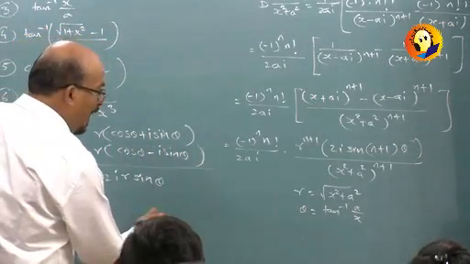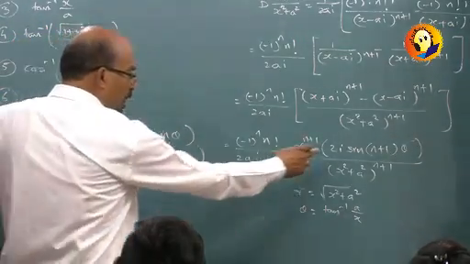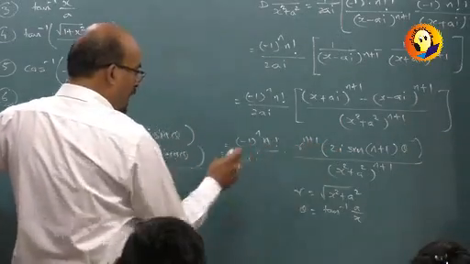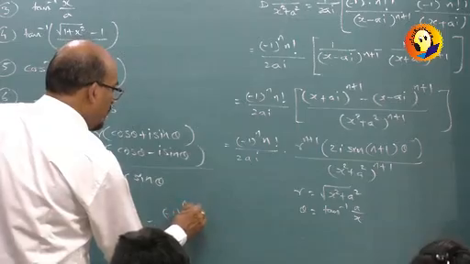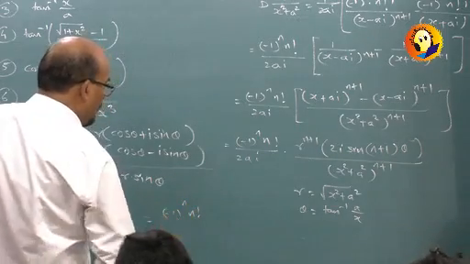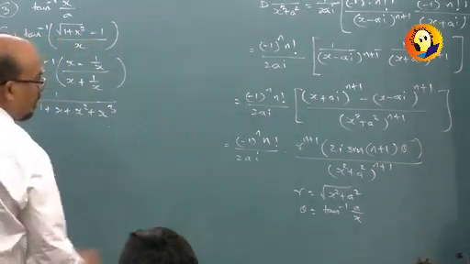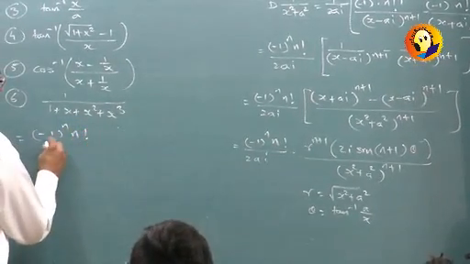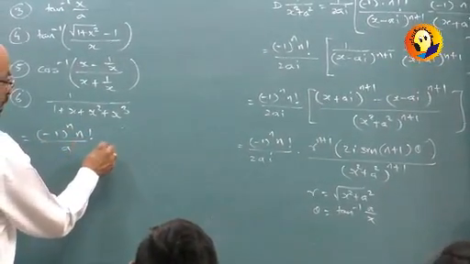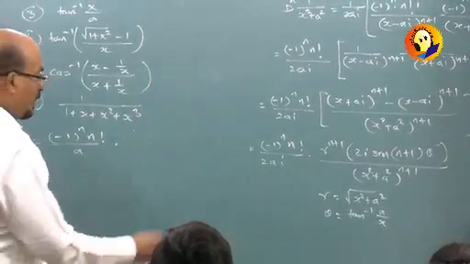Good enough. Still I cancels, still 2 will cancel, fine. So it is minus 1 raised to n factorial. I will write it here. It becomes minus 1 raised to n factorial upon a into r is what?